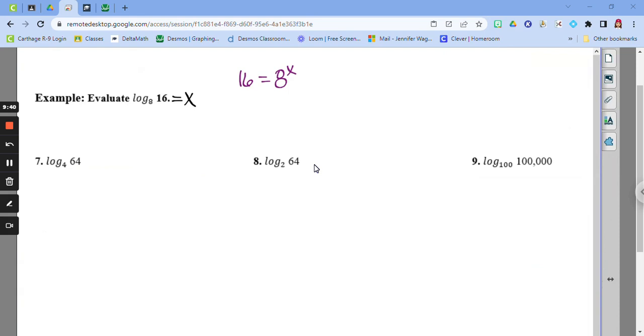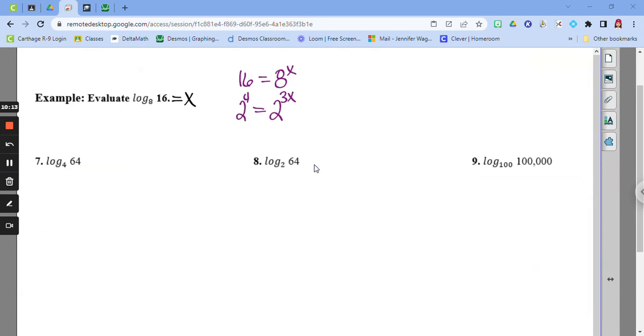What do we have that we just worked on in a homework quiz for this? Make them the same base. So 16 and 8 can come down to what base? 2. Yes. So 16 is 2 to the 4th. 8 is 2 to the 3rd.